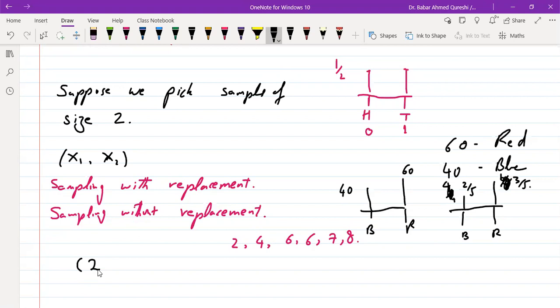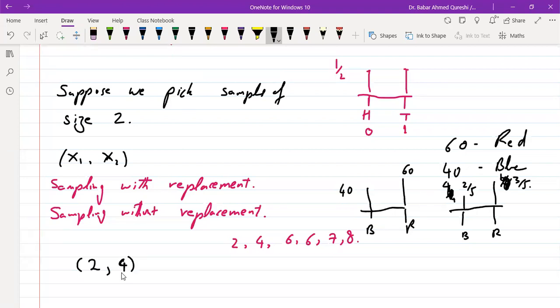But now if I say that I'm not going to place it back in my list, I have exhausted this 2, and this member of the population which I have picked up is not going to go back. I'm not going to choose it or try to look for it again. I have chosen it and it's frozen. Then I do not have the same probability distribution for the next variable, because now I cannot pick 2. 2 now has 0 probability. So I can only pick 4 or 6, any one of those.